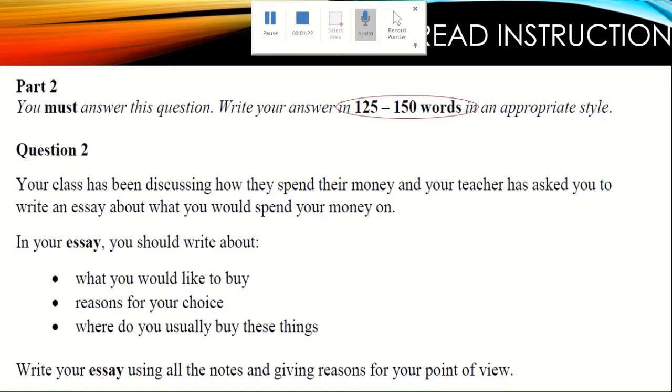You will get fewer marks if you write less than 100 words, but you won't be penalized if you write more than 150 words. It is just not a smart way to do so, as you still have another essay of about 200 words to write.